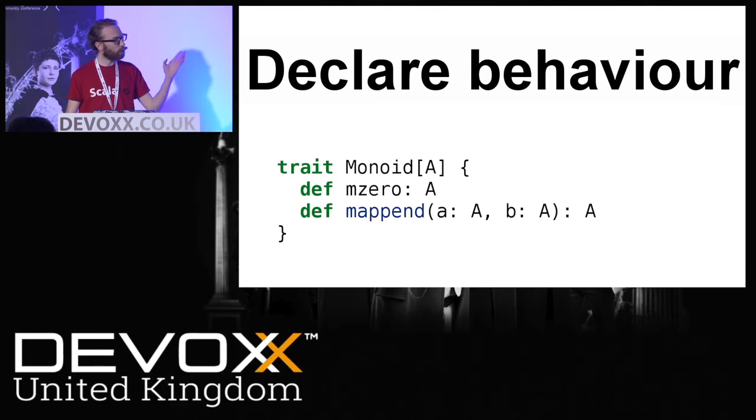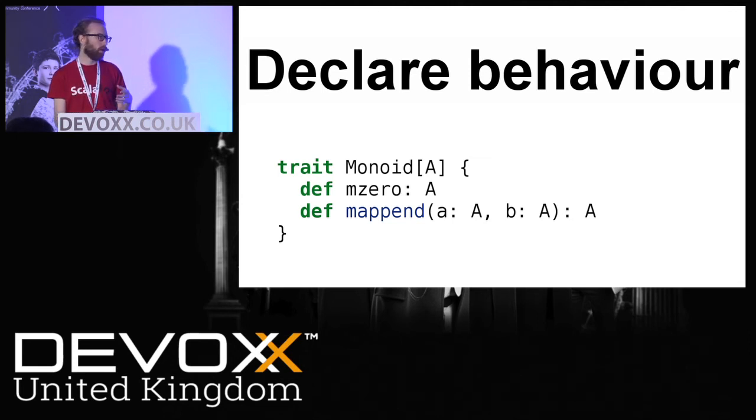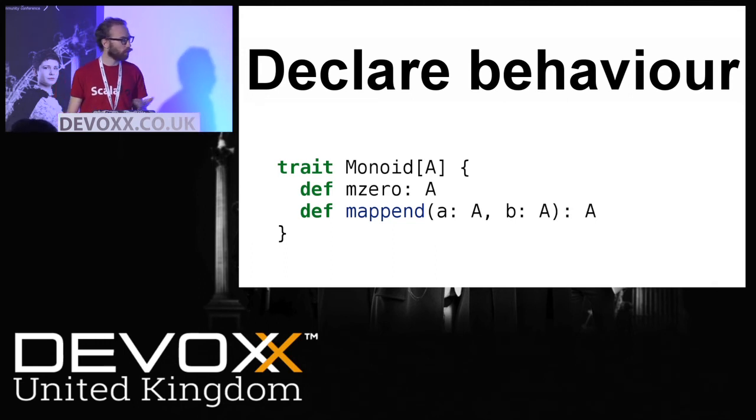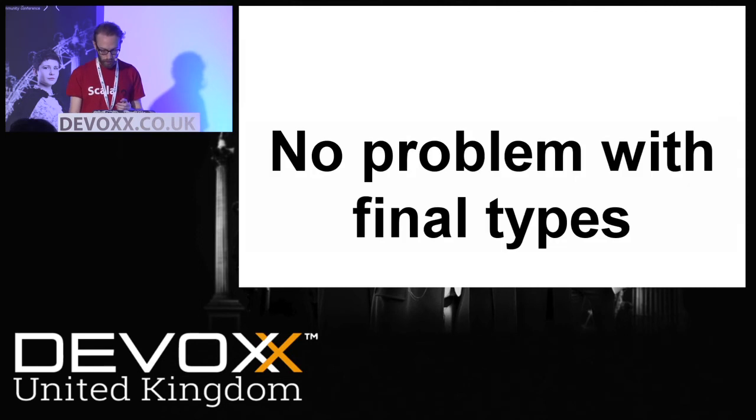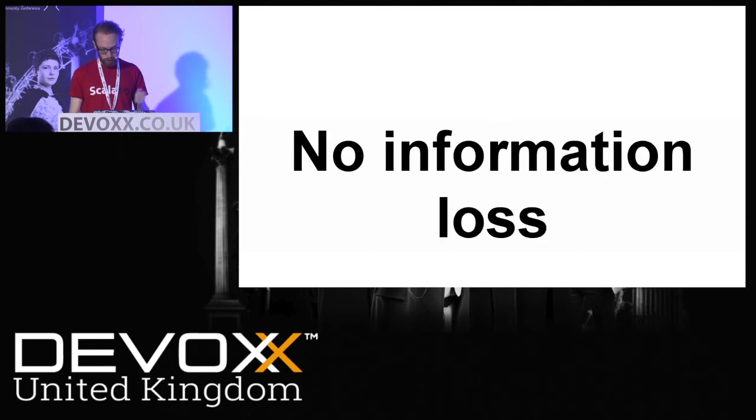We just know that A has to be a monoid, and the two values have to be of the same type. And since it's external, you can implement it for native types or regular types or your types or whatever. It's not a problem. Okay, so I will just repeat that. You can use it for final types. You don't lose information, and you can encode 0.